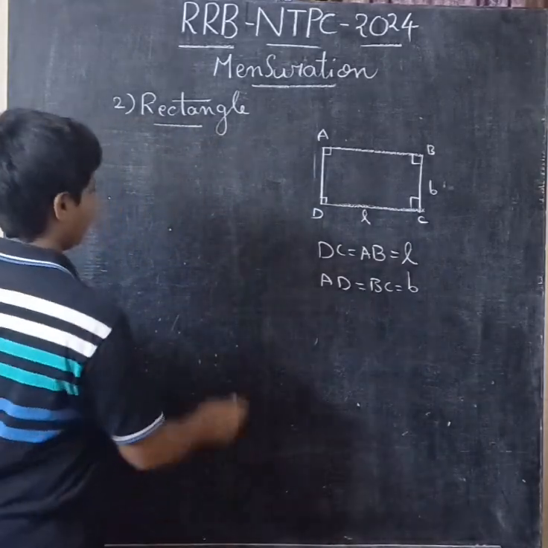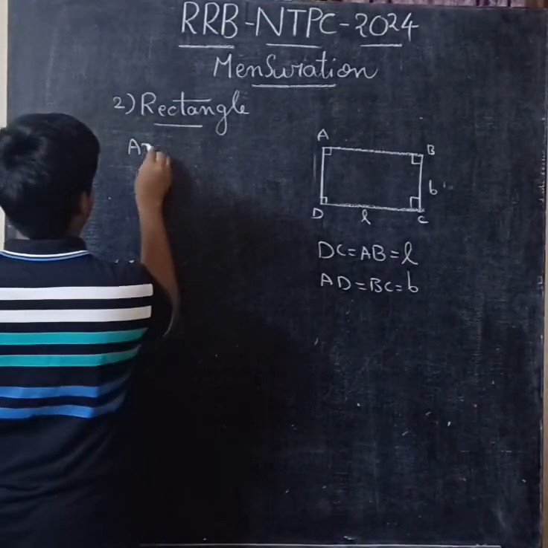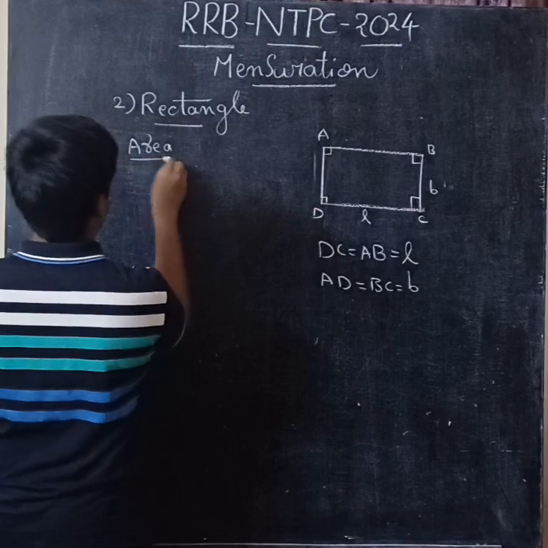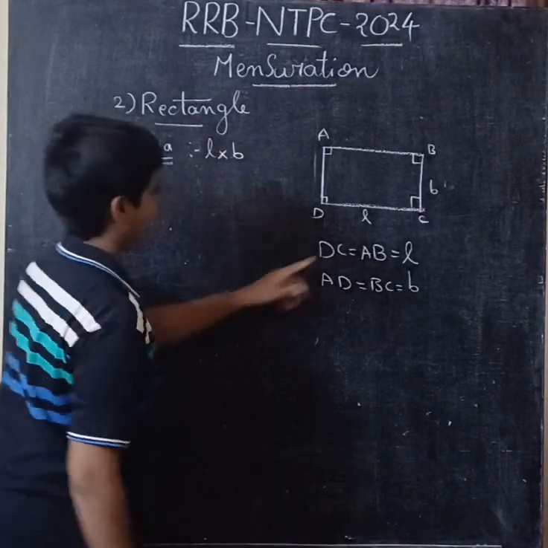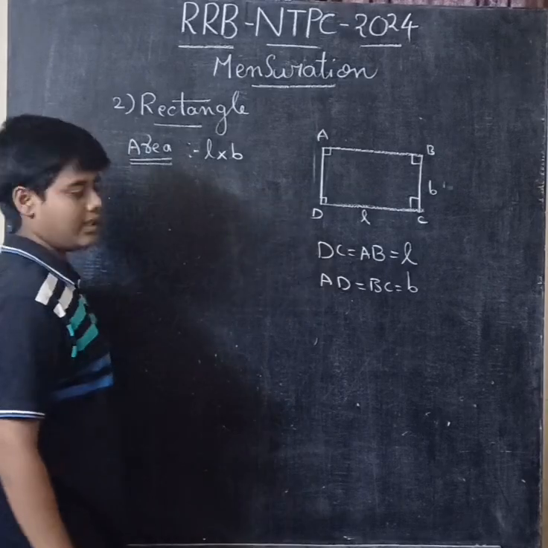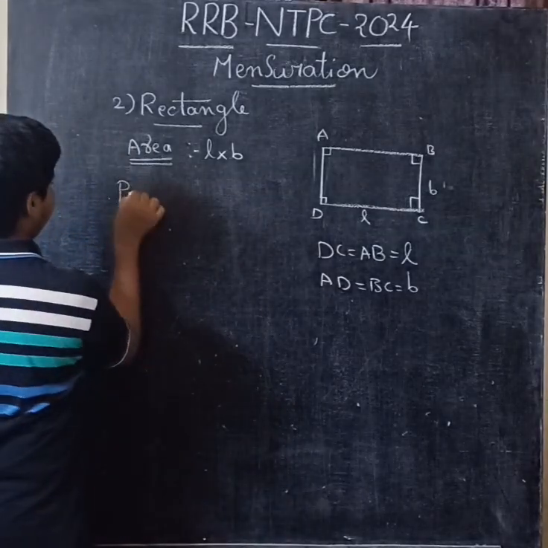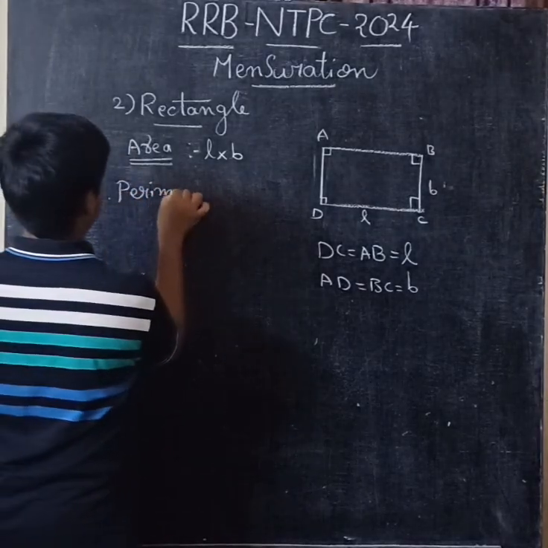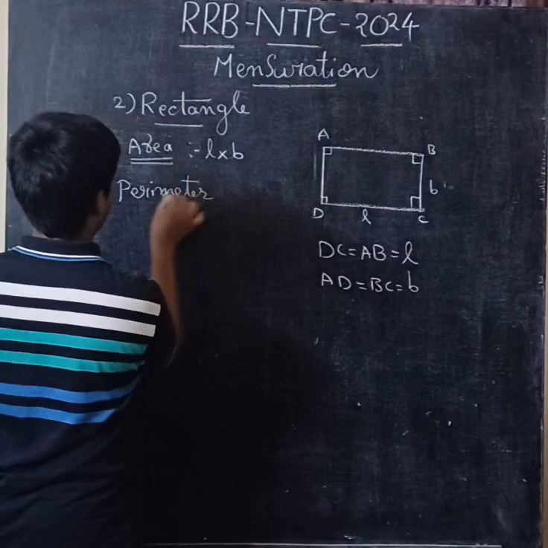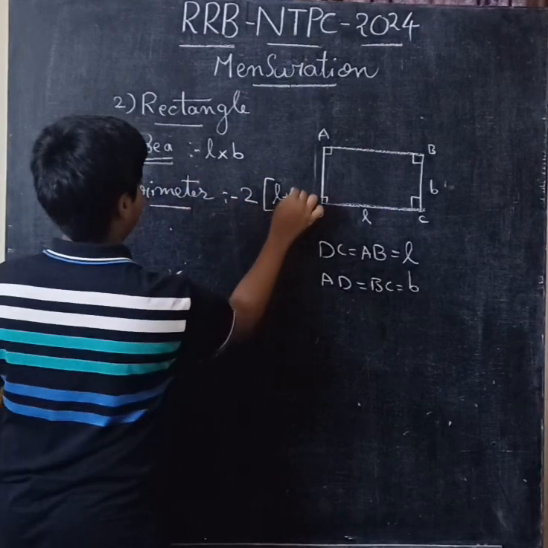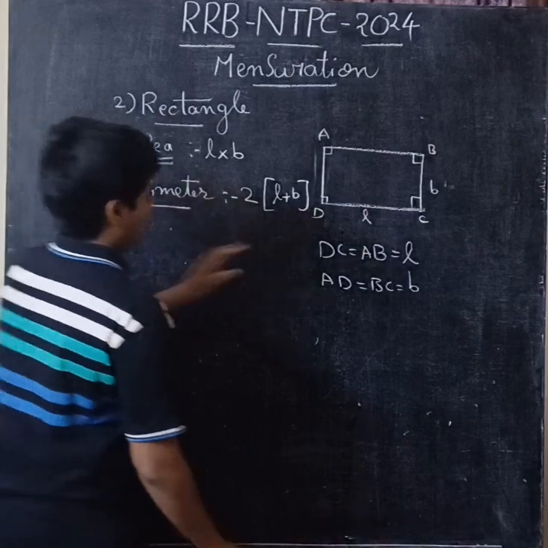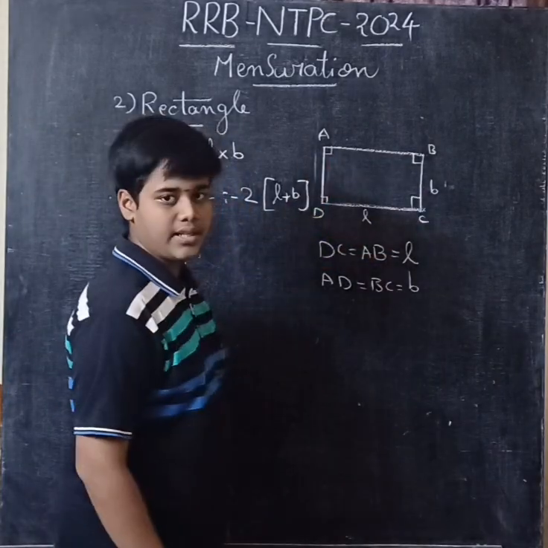So first one, area. So how to find area? L into B. Adjacent sides we have to multiply. L into B. And perimeter. Perimeter is 2 into L plus B, because we have to add all these sides.